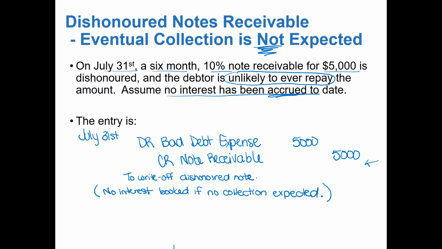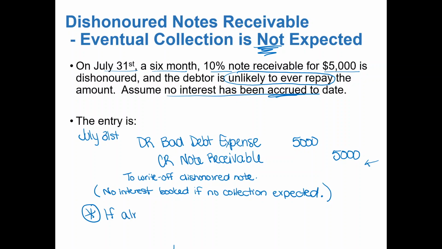But say this company had an August year end, and at the end of August they accrued 1 month of interest, we would have already recorded that income and we would have an interest receivable. So if that was the case and something had been accrued, we would also need to credit interest receivable to get rid of that amount that was booked, and therefore our bad debt expense would include whatever interest had been accrued. So we'll make a note here.